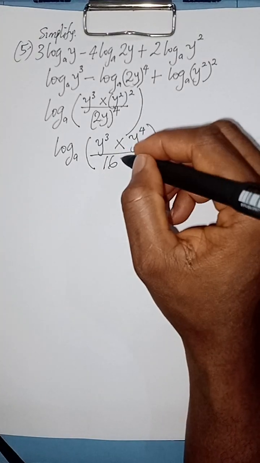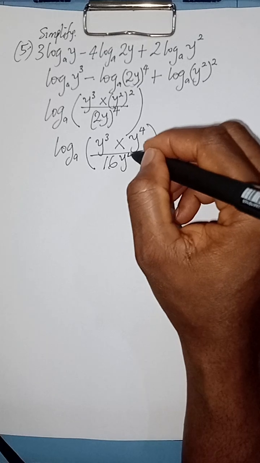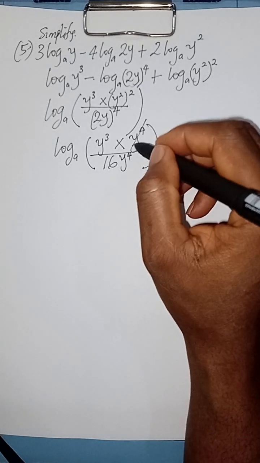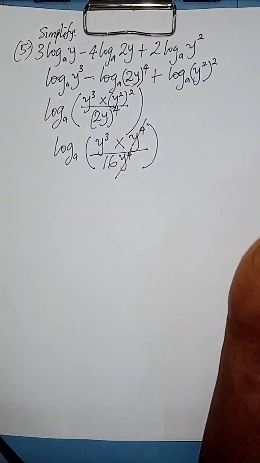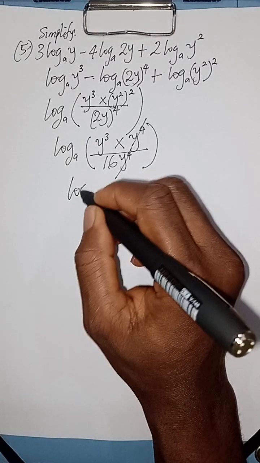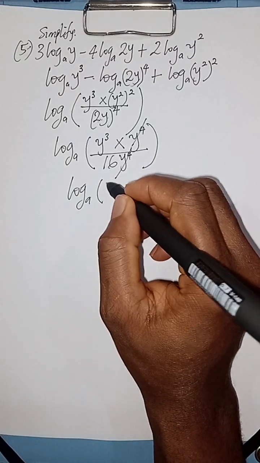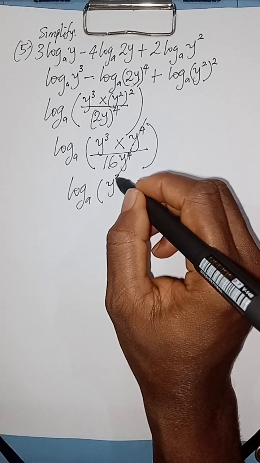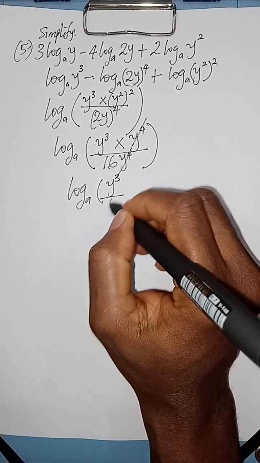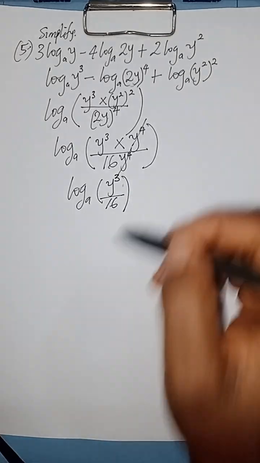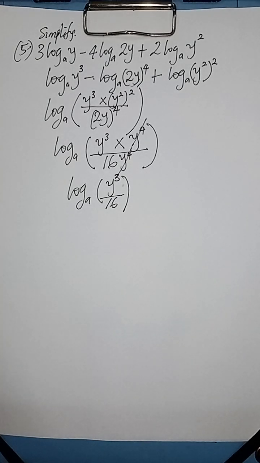And then y raised to power 4 is y raised to power 4. So y raised to the power 4 cancels y raised to the power 4. So I'm left with y raised to the power 3 divide 16. That's the answer to the question.